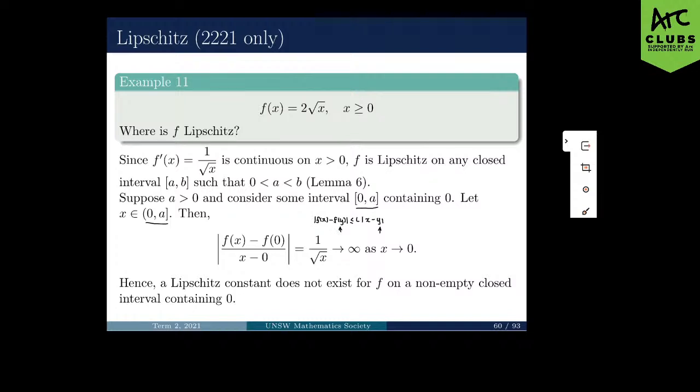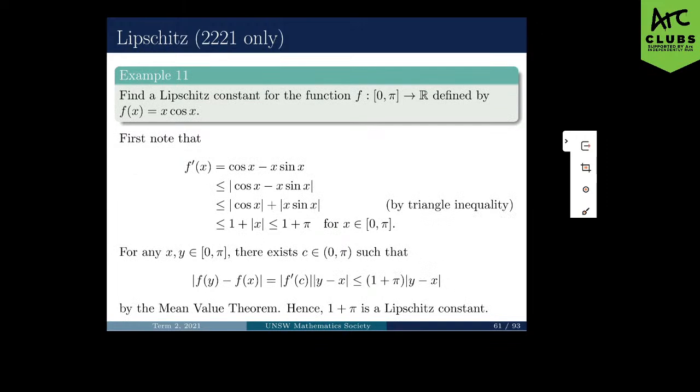I've written that out here. So that means a Lipschitz constant doesn't exist for f on any non-empty closed interval containing 0. And so therefore it's not Lipschitz at 0, or on that interval.